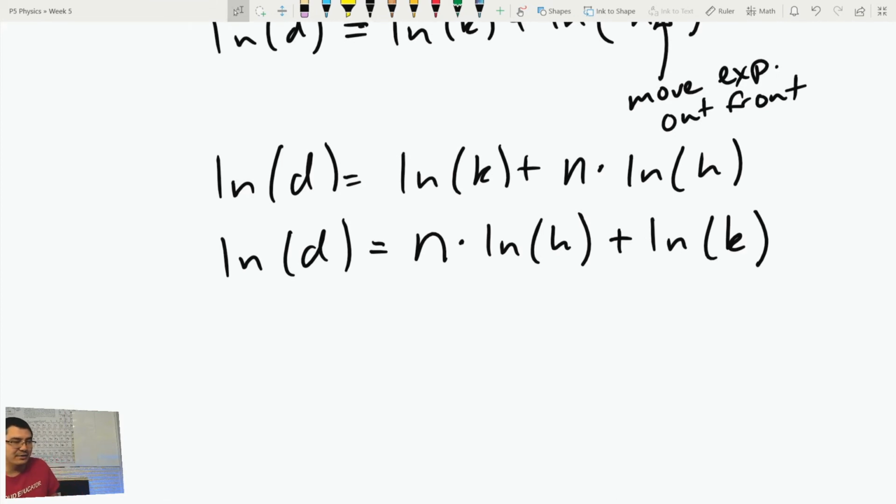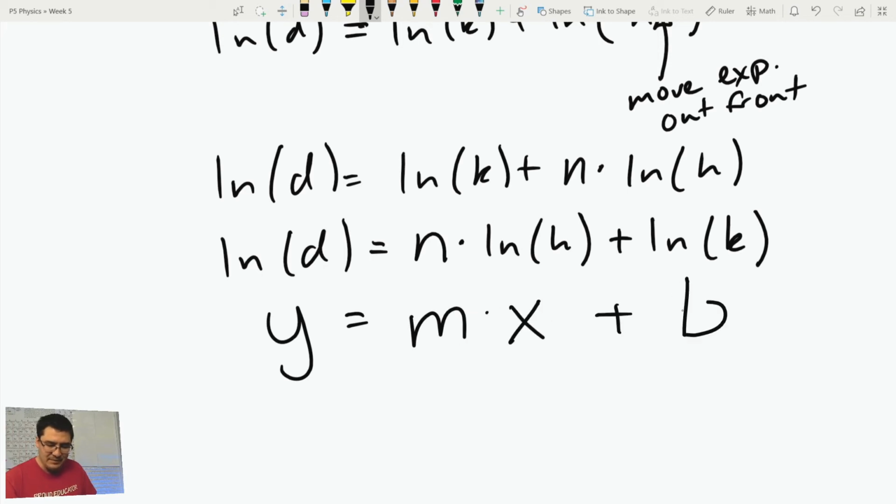Now, here's where the stretch is, and this is new, so I hopefully haven't lost everybody, but maybe it's good that you get a little lost here. If you squint at this and ask what in the heck is going on, you need to make this look like y equals mx plus b.